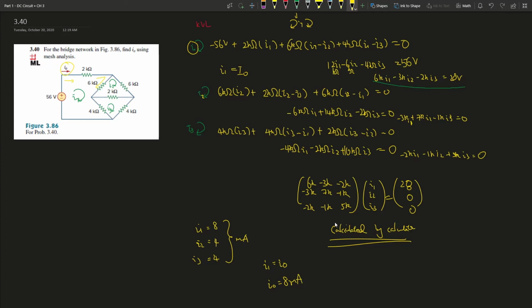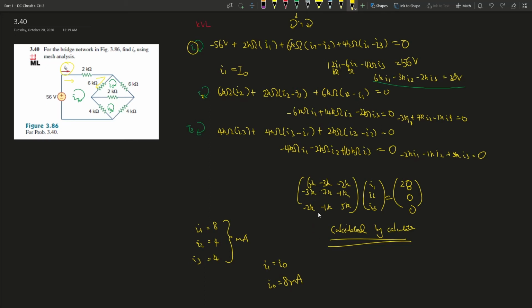I want to double check this part. Yes, I1 has to be negative because every time you do the loops, everything else is negative. So negative, positive, positive. Fantastic.